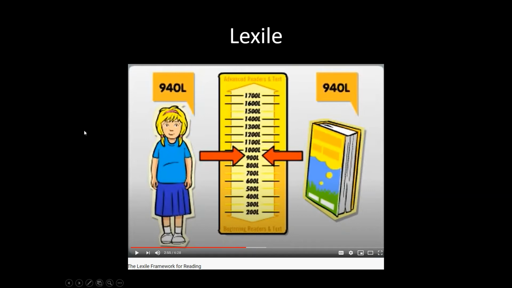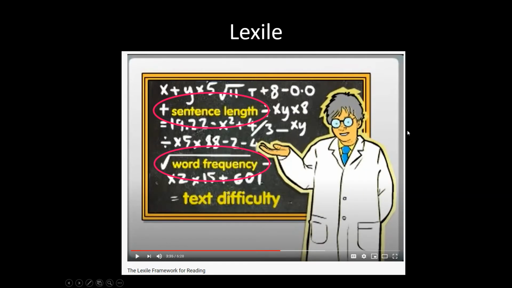So that's how we would determine Susie's Lexile level, and then we would find books that are assessed to be at that same level. Now remember, the criteria that they're using in Lexile to determine the level of the text is sentence length. So that's very much like Fry, right? Fry was determining difficulty by sentence length. The more words in a sentence, the harder that sentence is.